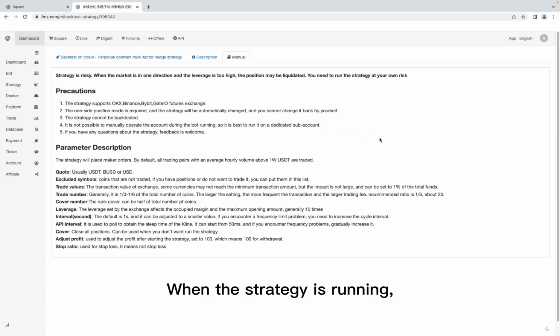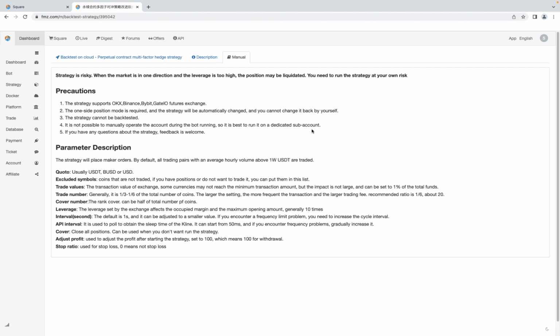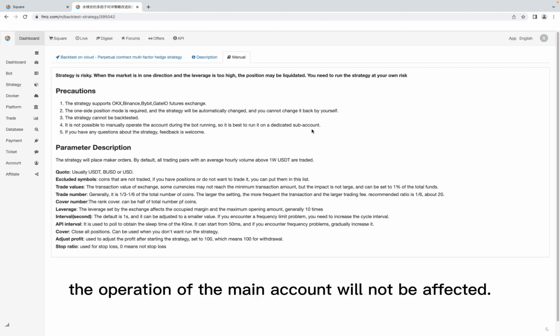When the strategy is running, it is better not to adjust the trading account manually or intervene by buying and selling manually. This will affect the operation of the strategy. It is better to configure the account with a sub-account and let the strategy operate the sub-account, so that the operation of the main account will not be affected.